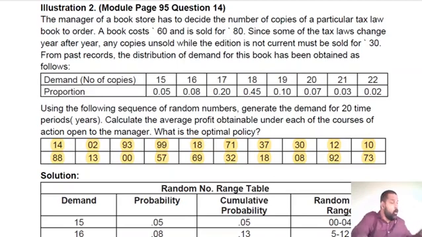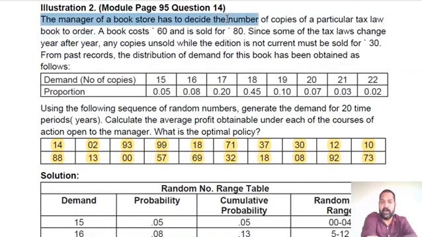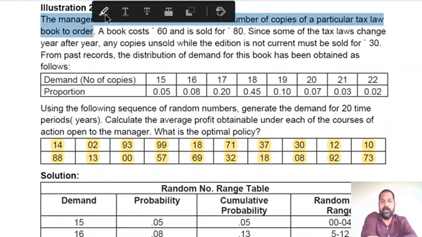So, what do they want from you? Well, the first line of the question very clearly says that they don't want you to predict the demand and give you an average demand. The manager of a bookstore has to decide on the number of copies of a tax law book to be ordered.